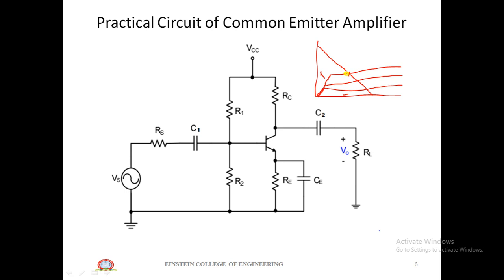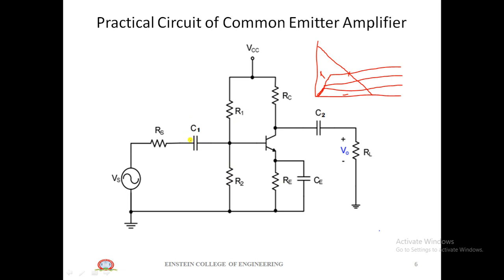Why we have to select this Q point: if you are giving an input signal, then sometimes the negative cycle will flow in the cutoff region. To avoid that, we have to select the proper Q point. That selection of Q point is done by this R1, R2 and RE.